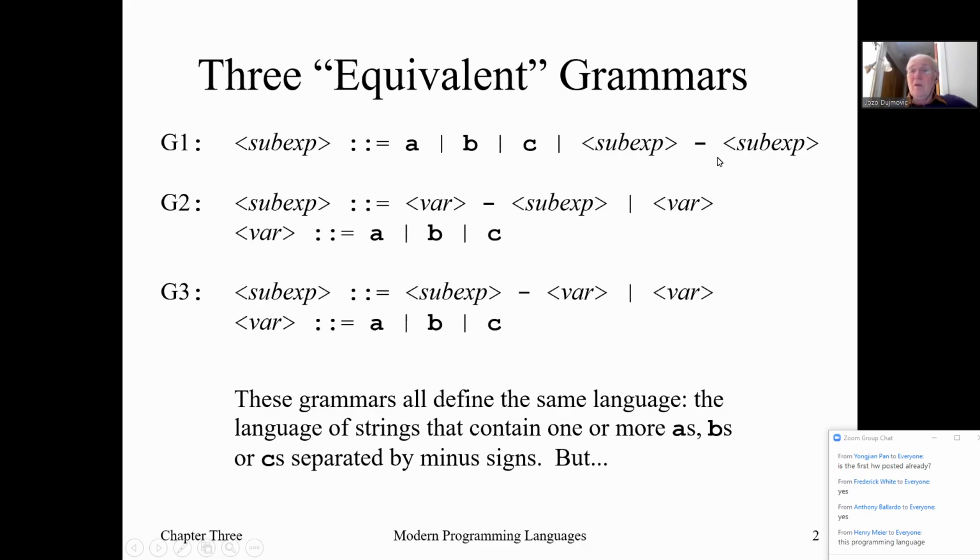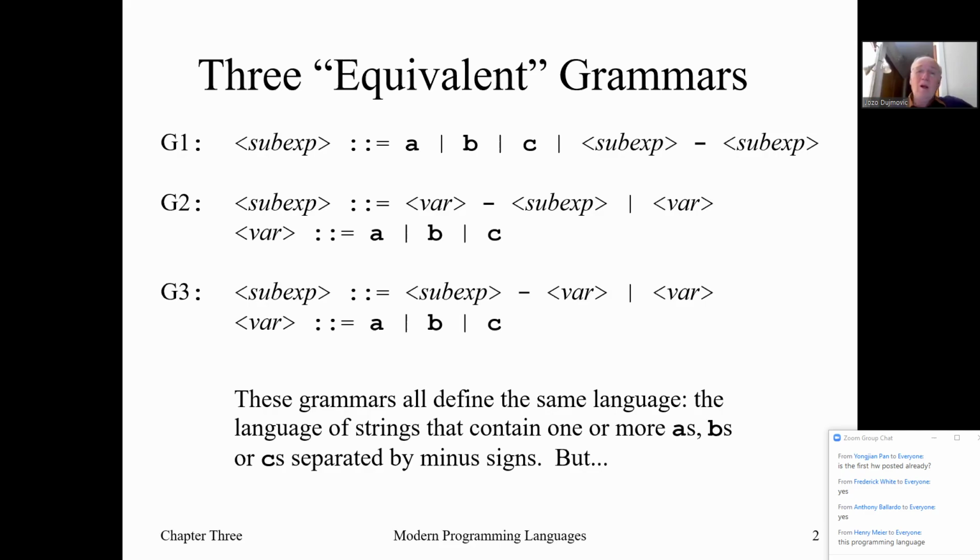Obviously, each sub-expression can be replaced by A or B or C. So you can have things like A minus B minus C minus A minus B. This is generating a sequence of A, B, C's with minuses between them.